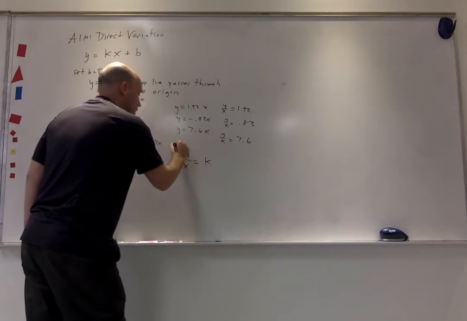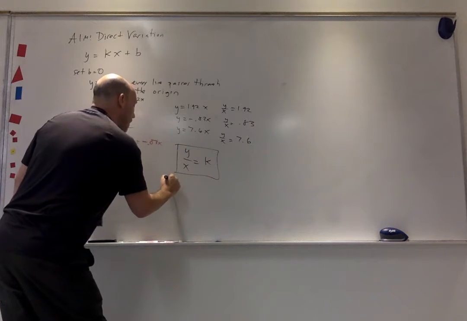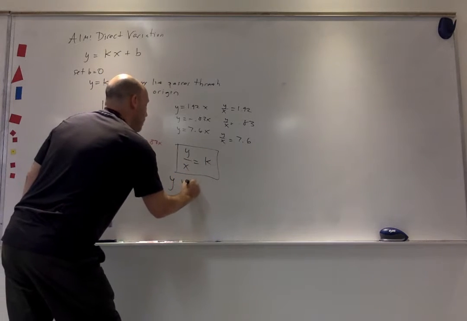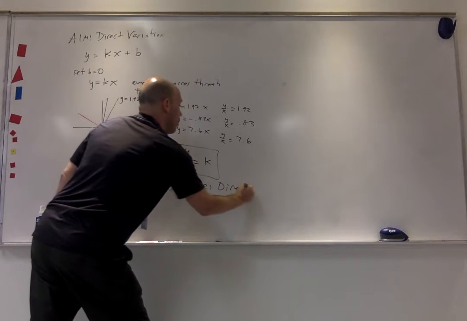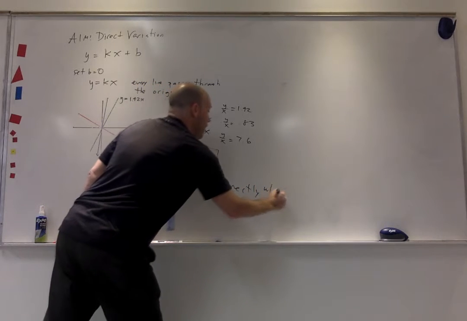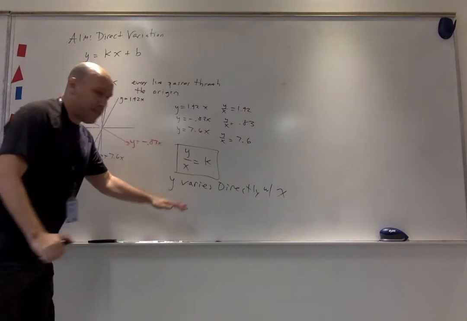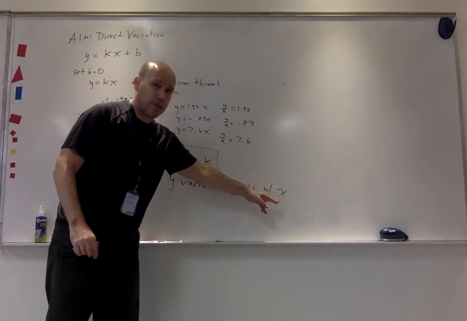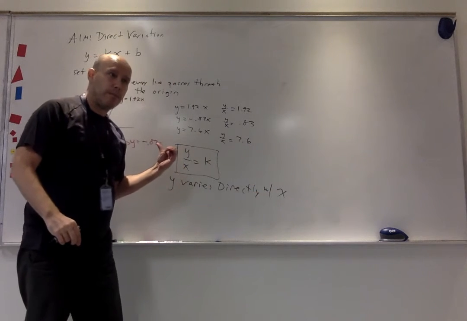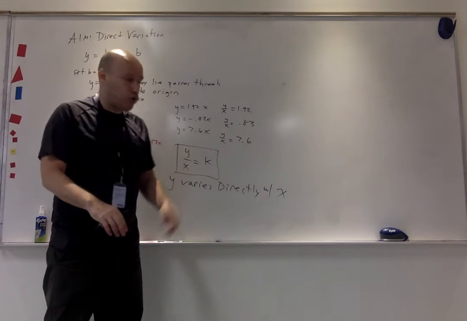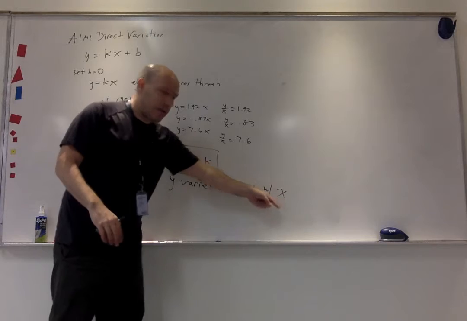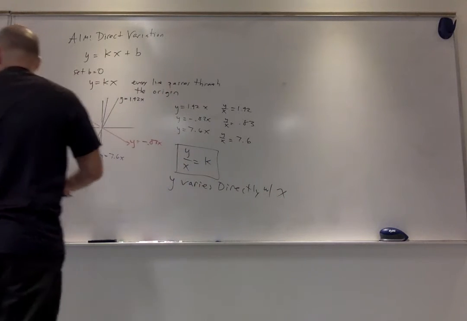If this is the case, then we say that y varies directly with x. The idea is you give me an x, and I go right to y. There's no multiply, then add. It's just give me an x, I go right to y.